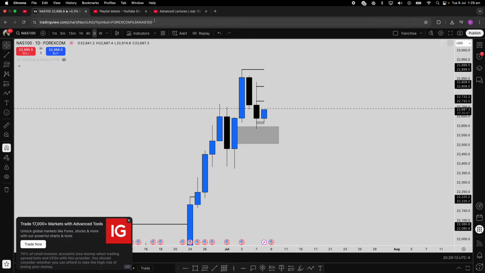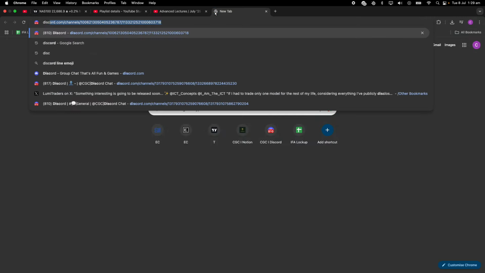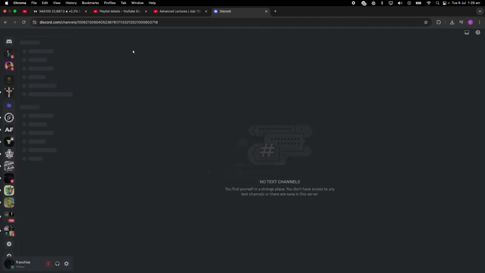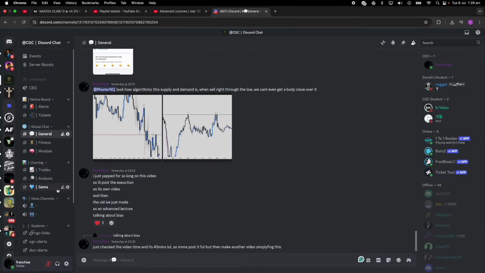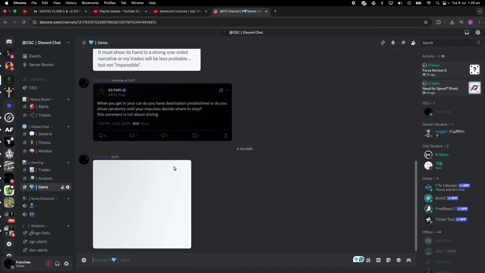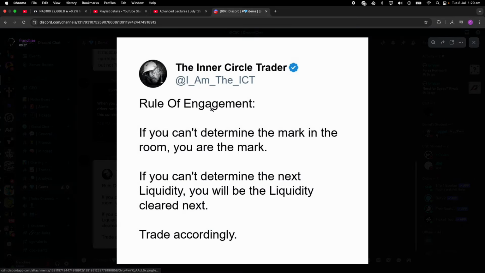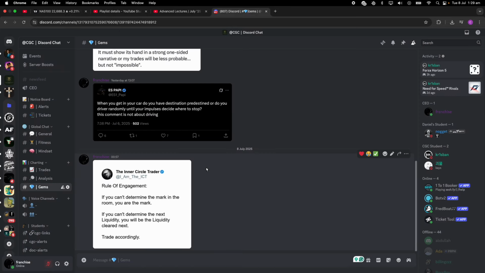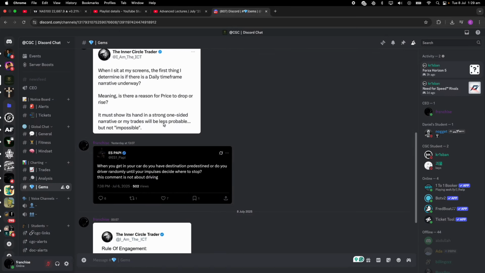It doesn't matter then. I will reference one quote from ICT, which is, it should be in here. If you can't determine the mark in the room, you are the mark. If you can't determine the next liquidity, you'll be the next liquidity cleared. Same thing here.